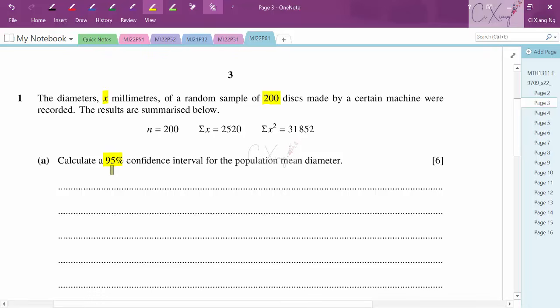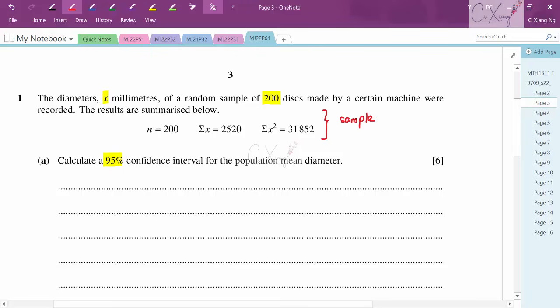Before we can get the 95% confidence interval, generally for this question we have all the values from a large sample. Before we can find the confidence interval, we actually need the population mean and also the population variance, but now we only have the sample values.